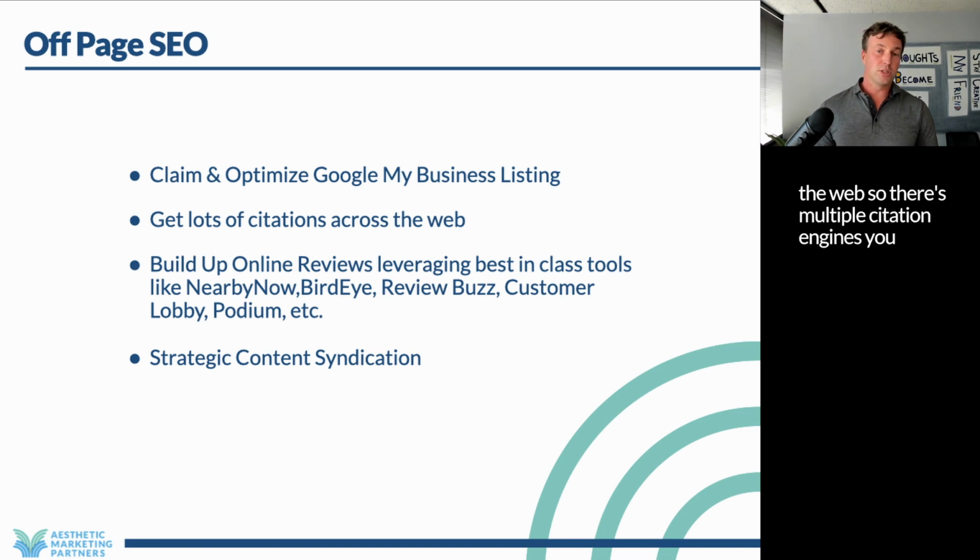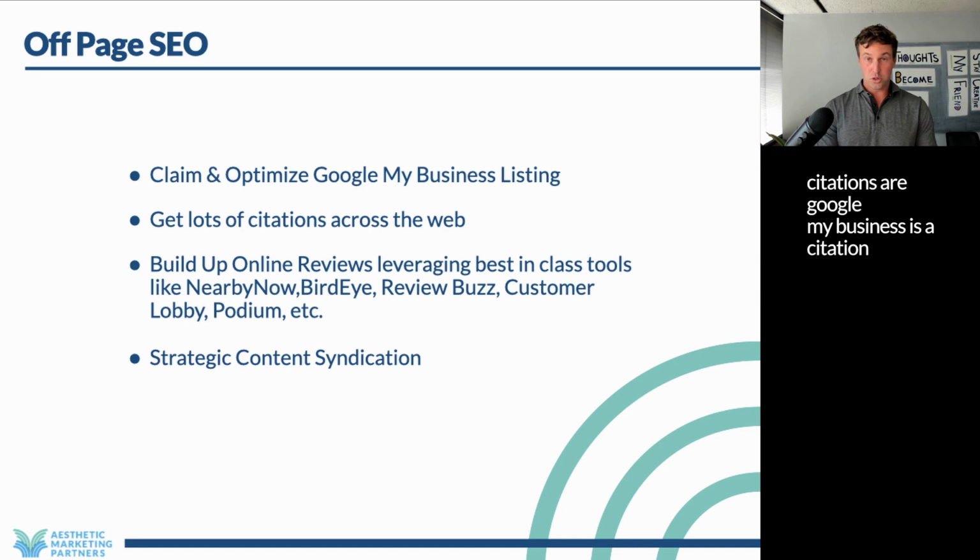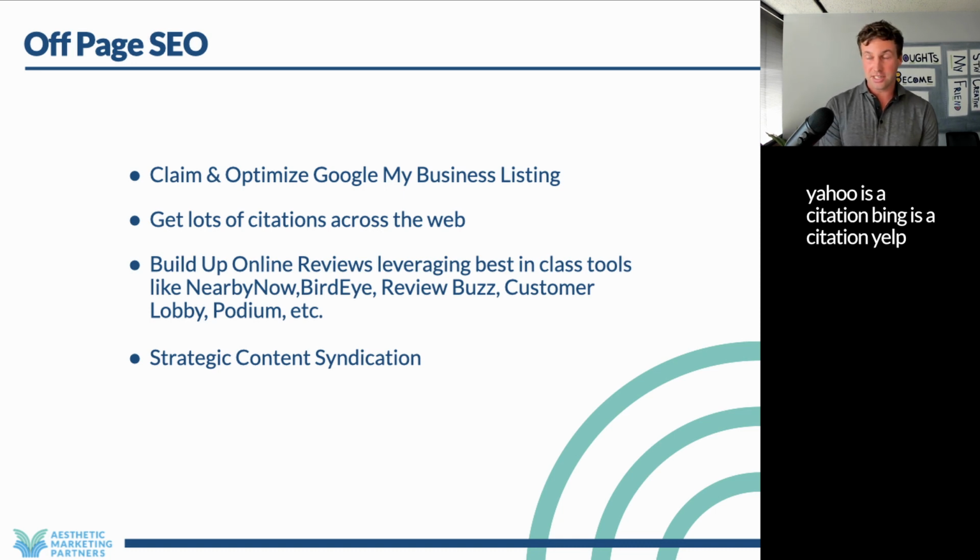Next, make sure you get lots of citations across the web. So there's multiple citation engines you can use for this, Yext, Bright Local, companies like that you can sign up for. We put our clients on a multitude of those sites, and ideally you want at least 100 citations. If you're asking yourself, what are citations? Google My Business is a citation. Yahoo is a citation. Bing is a citation.